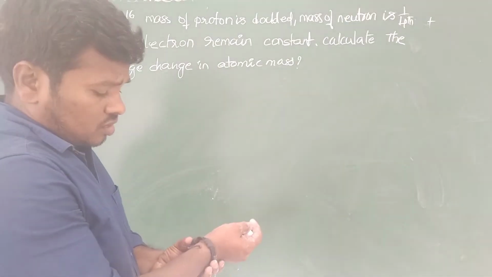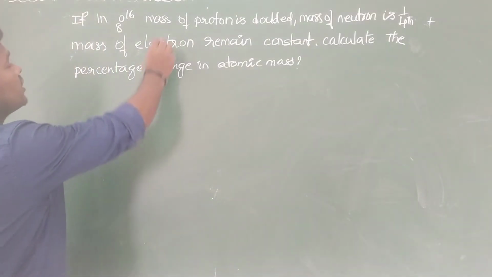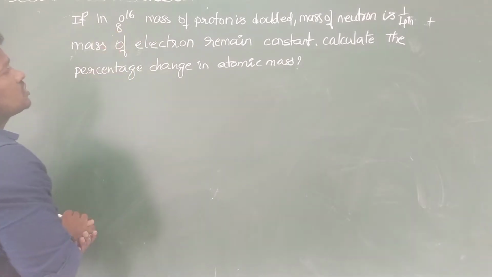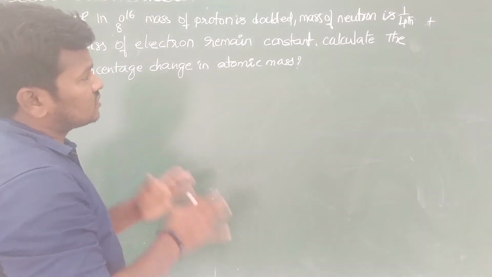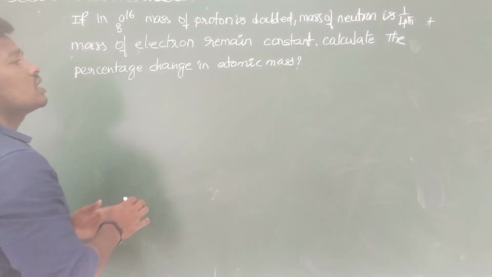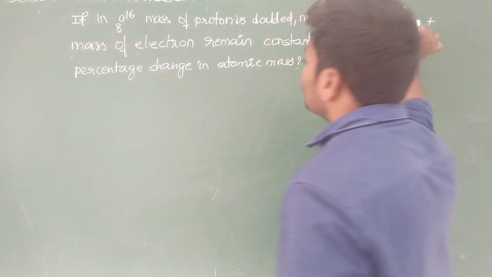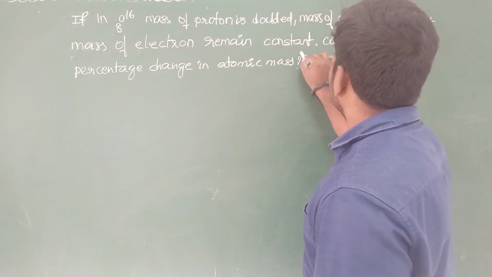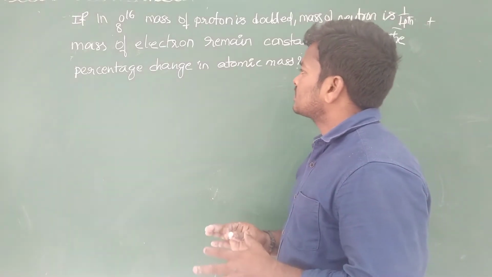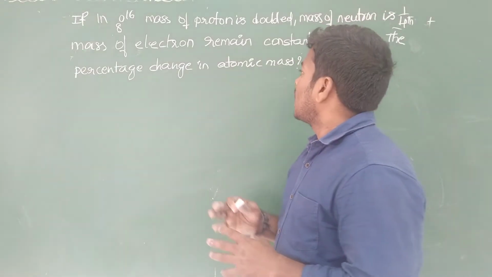See one JEE sample problem. If the mass of the proton is doubled, the mass of the neutron is 1 by 4th, and the mass of the electron remains constant, calculate the percentage change in the atomic mass.